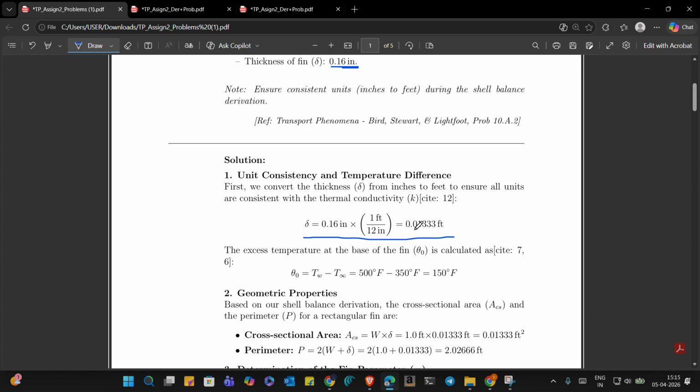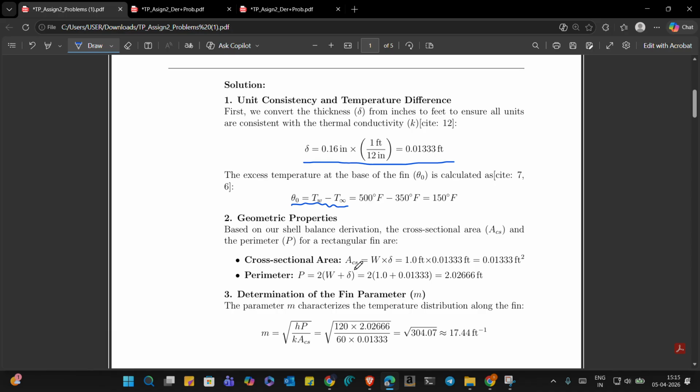It comes out to be 0.01333. So that's how we get our thickness value. Secondly, we'll find the theta naught value, which is defined as T wall minus T infinity. So we'll get our theta naught value as 150 degrees Fahrenheit. These are some necessary values we require to move further.